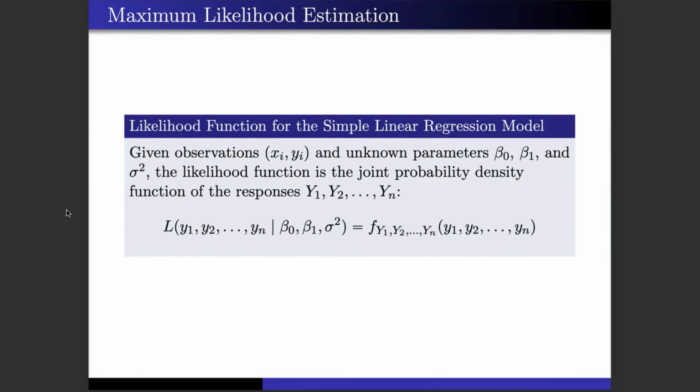Mathematically, we would write it like this: the likelihood function is equal to the joint probability density function of the dependent variable. So here, this f(y1, y2 till yn) denotes the joint probability density function of n dependent variables.